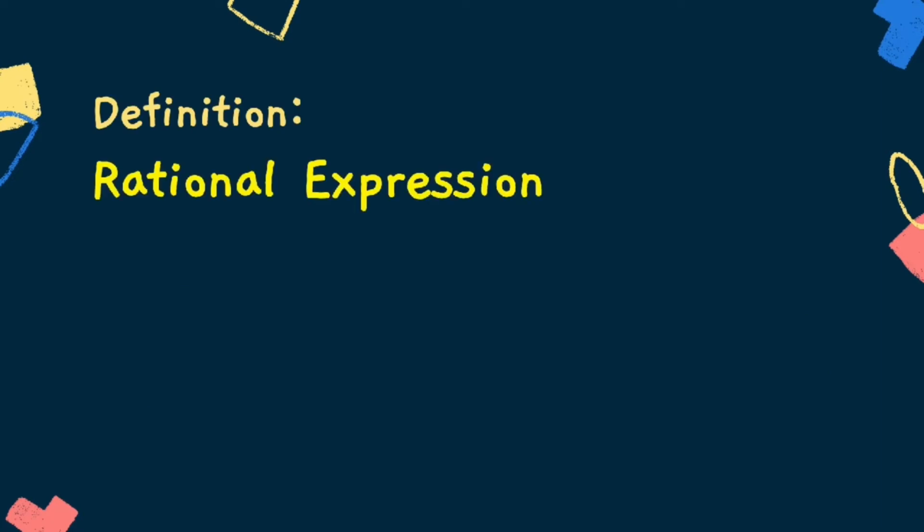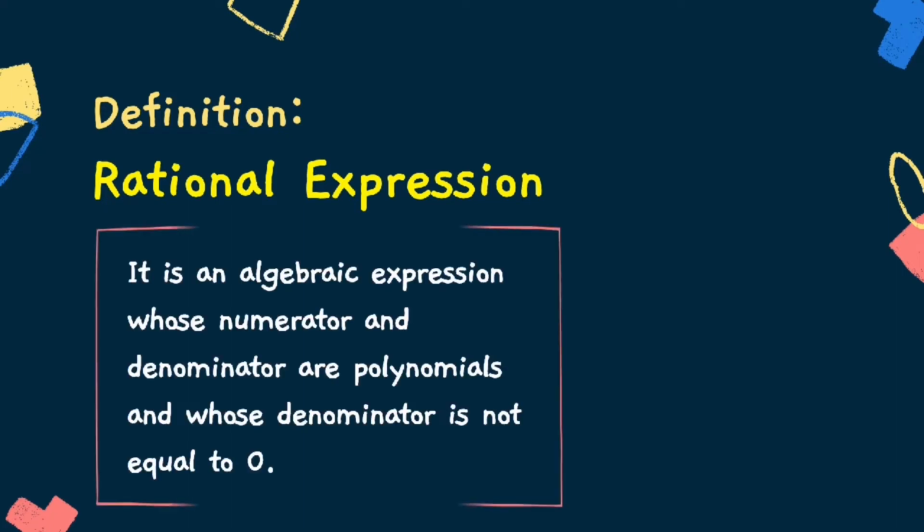So let's proceed. First, we have rational expression. A rational expression is an algebraic expression whose numerator and denominator are polynomials and whose denominator is not equal to 0. Remember that in rational expressions, the denominator cannot be equal to 0 because if it is, it will become undefined.